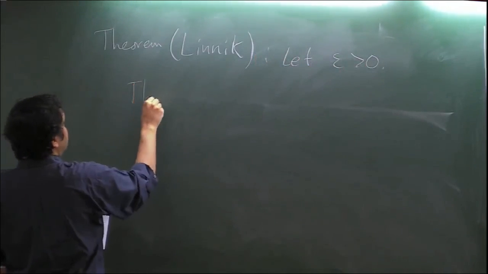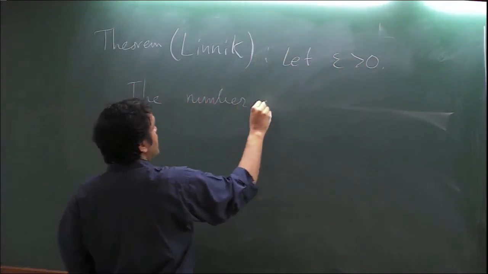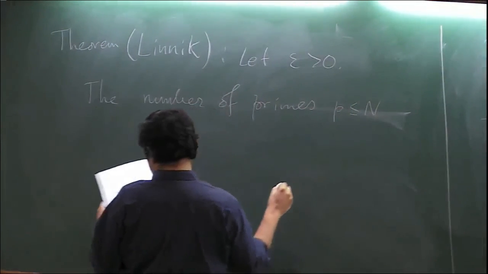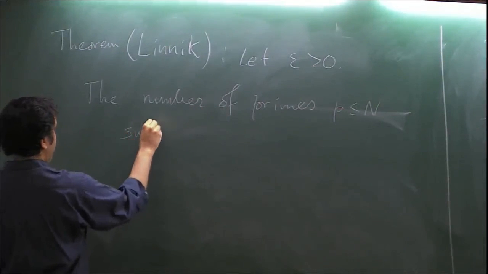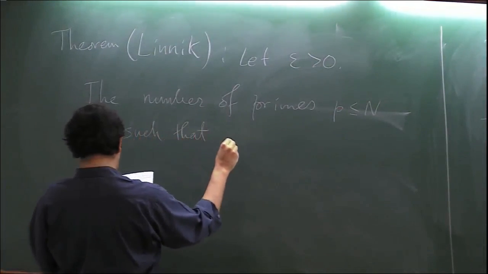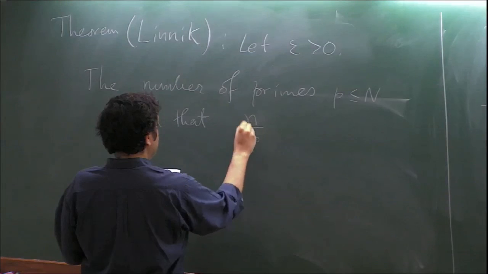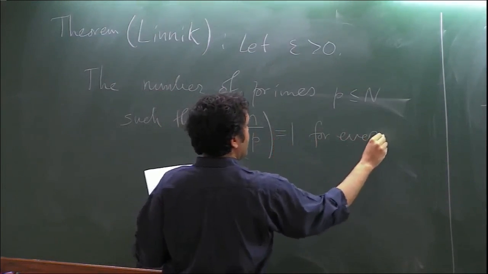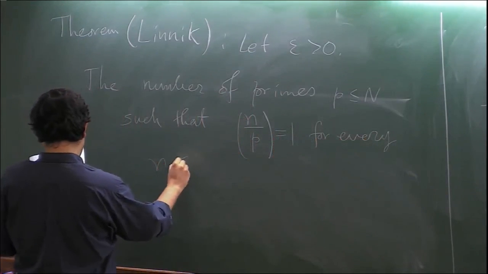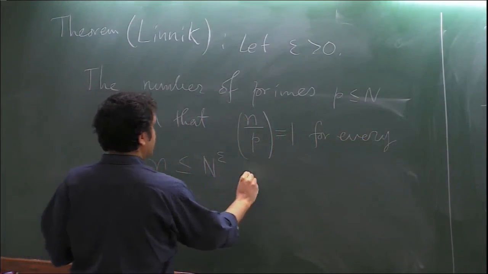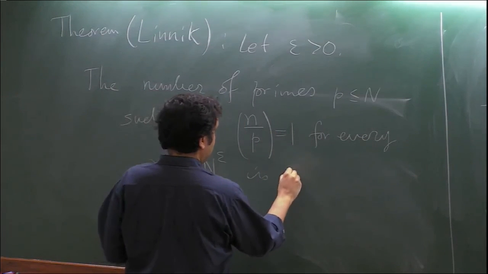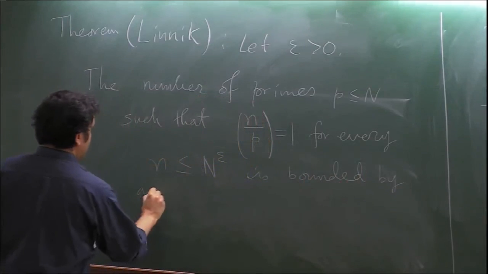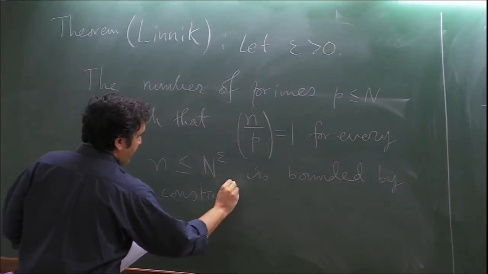The number of primes p up to N such that n upon p equal to 1 for every n up to N to the epsilon is bounded by a constant C epsilon.